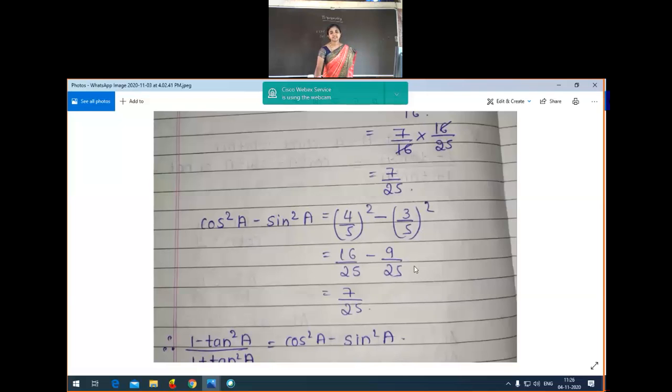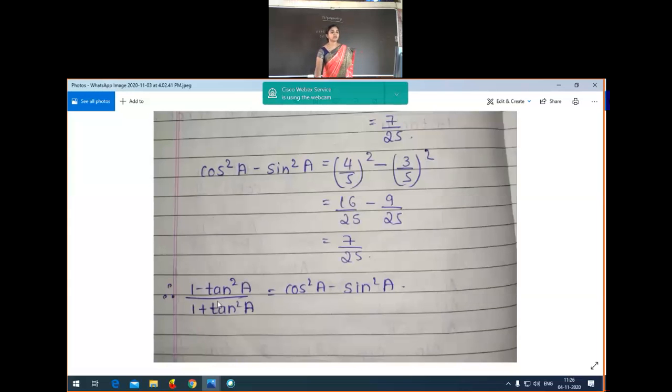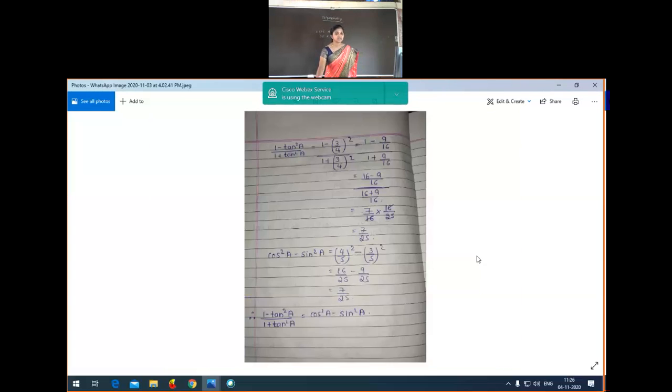Denominators are the same, so 16 minus 9 is 7 by 25. So LHS is 7 by 25 and RHS is also 7 by 25. From this result, we can conclude that (1 minus tan square A) divided by (1 plus tan square A) is equal to cos square A minus sin square A. Is that clear, students? Yes, this is about the 8th question.